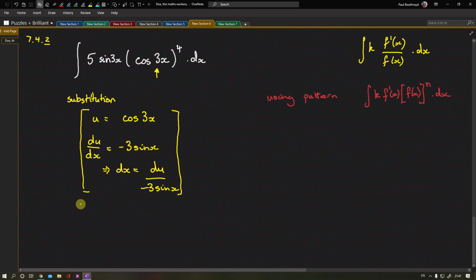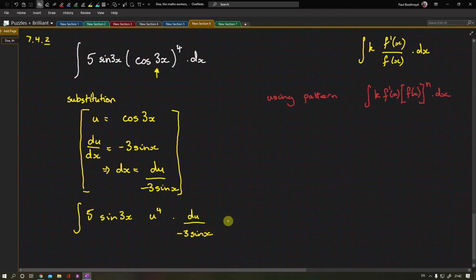So when I do the integral, I've got the integral of 5 sine 3x. I haven't managed to replace that with anything here yet. But the cos 3x now becomes my u to the 4, with respect to, and instead of dx I want du, so it becomes du over minus 3 sine x.